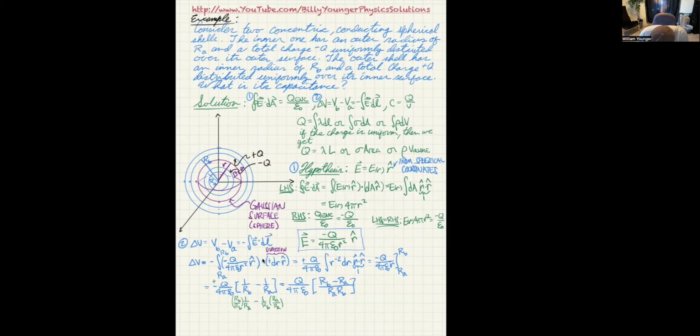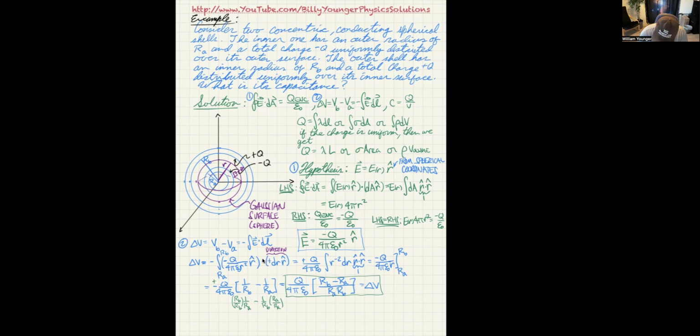And that is equal to the voltage difference between the negative Q outer surface of the inner conducting sphere and the positive Q inner surface of the outer conducting sphere. I'll box it off in green so we can easily point to it. And we've now completed step 2.